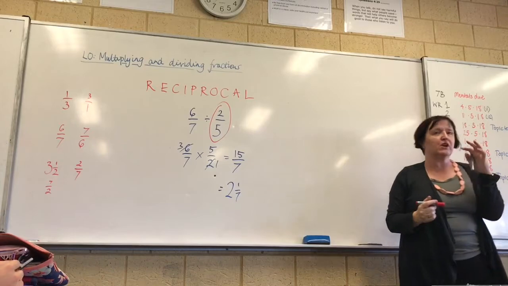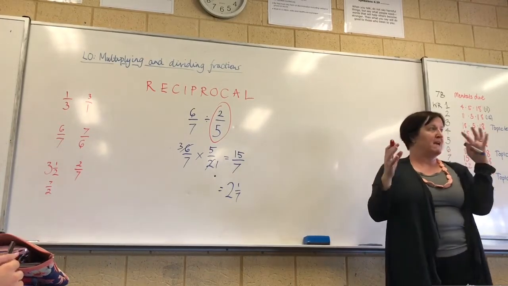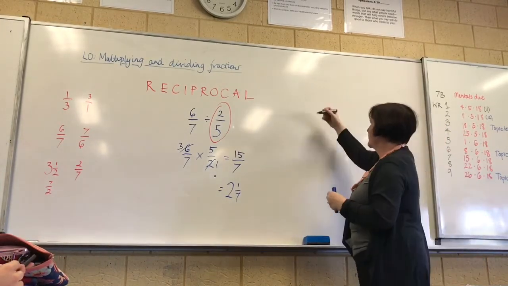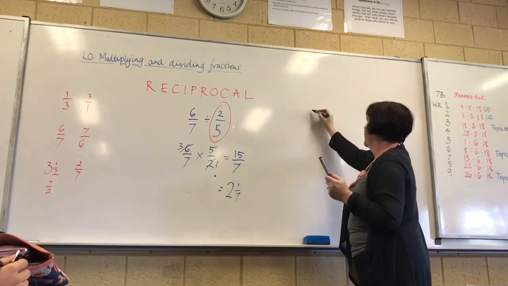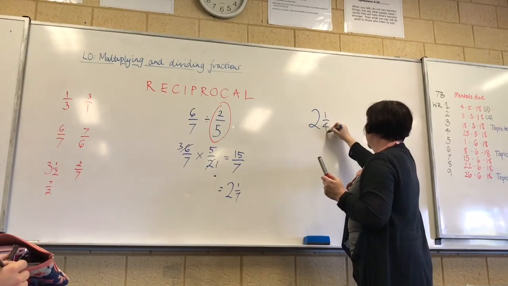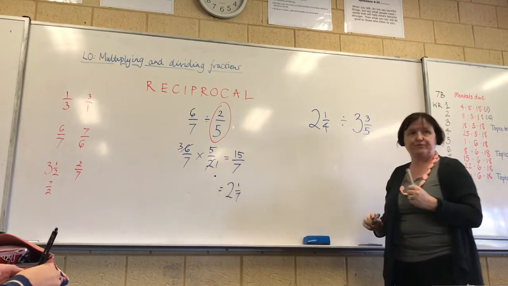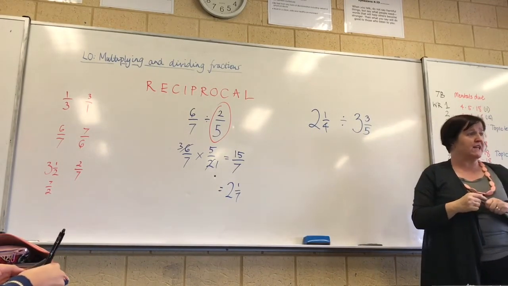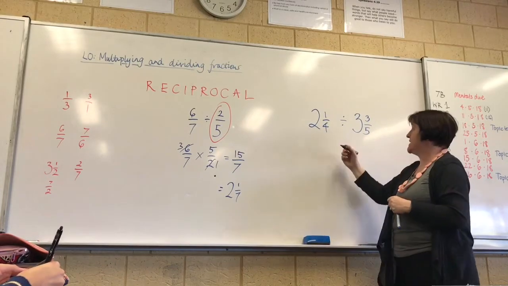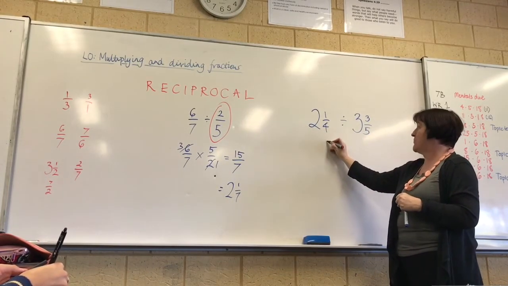Okay, so let's have a look at a mixed numeral divided by a mixed numeral. So we've got 2 1/4 divided by 3 3/5. So first thing you need to do is to make your improper fractions.